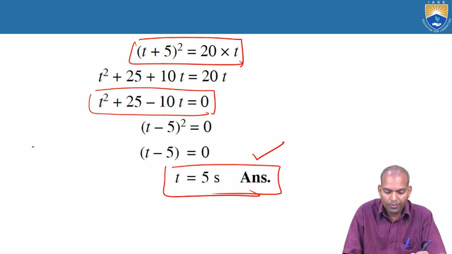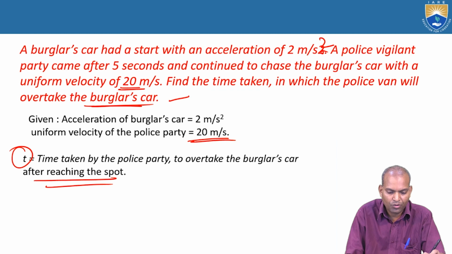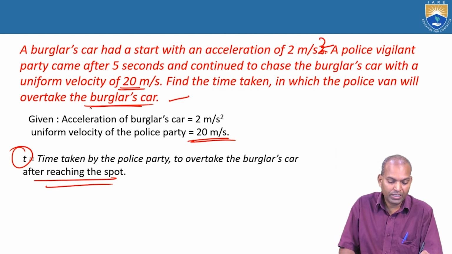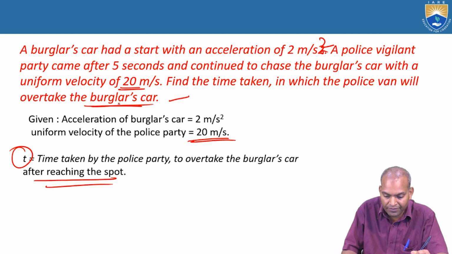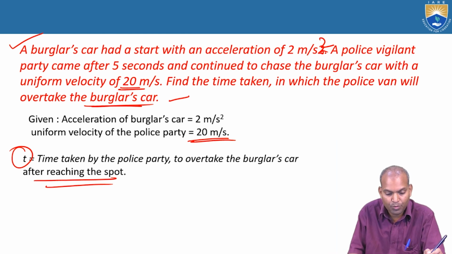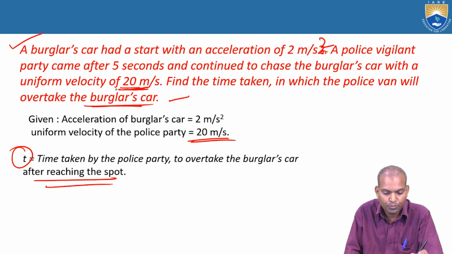This is the problem here: at what time are the police overtaking? The time at which the police van will overtake the burglar's car, with this given data, the burglar's car is moving with an acceleration of 2 meters per square second, and the police van party has a velocity of 20 meters per second.